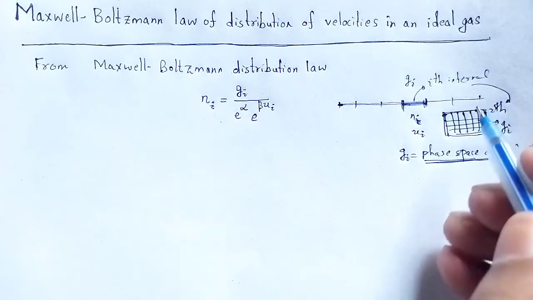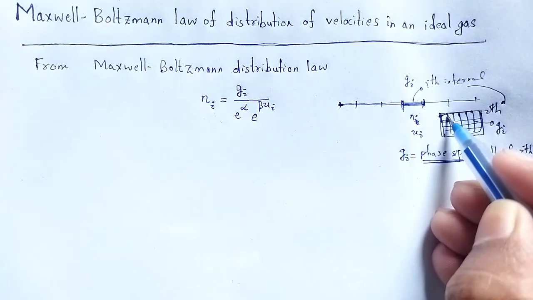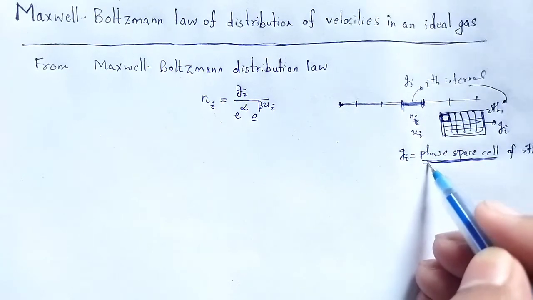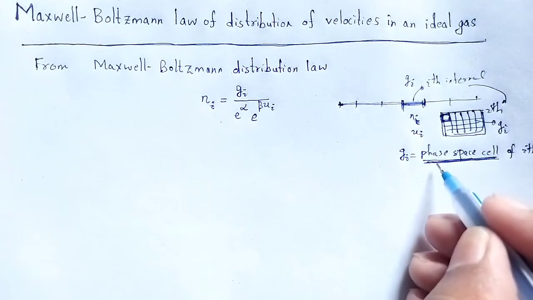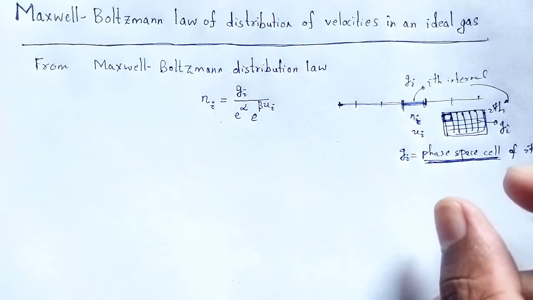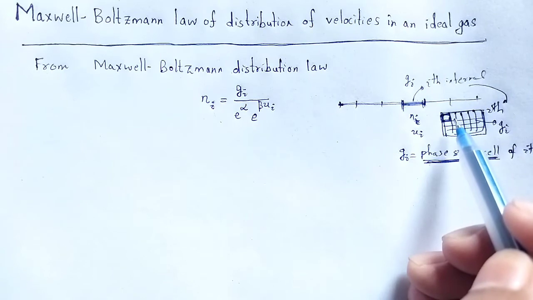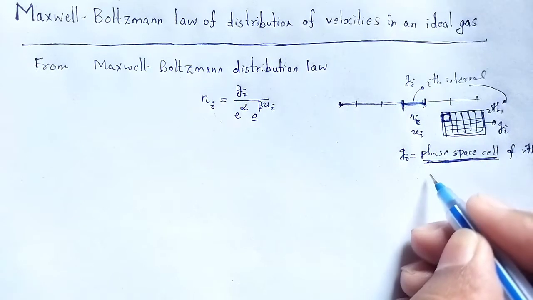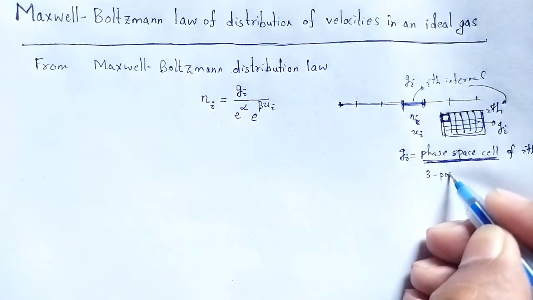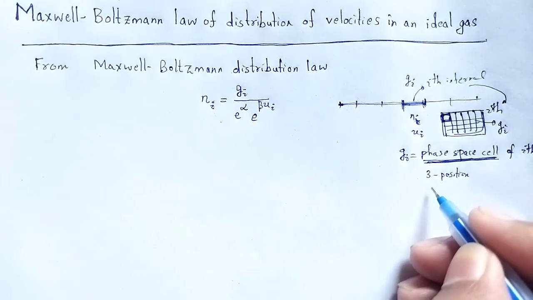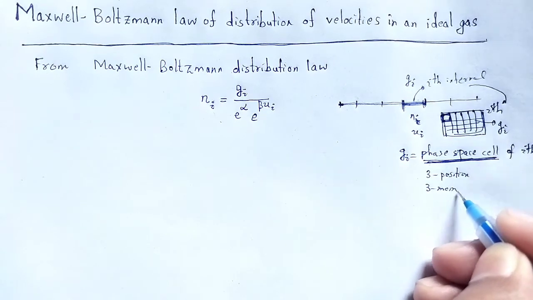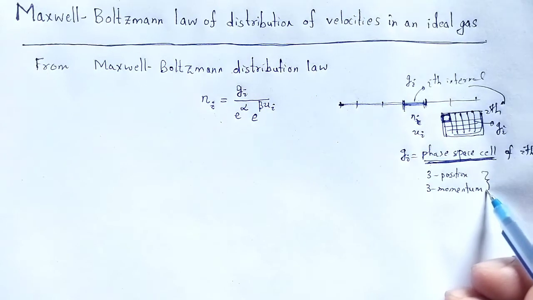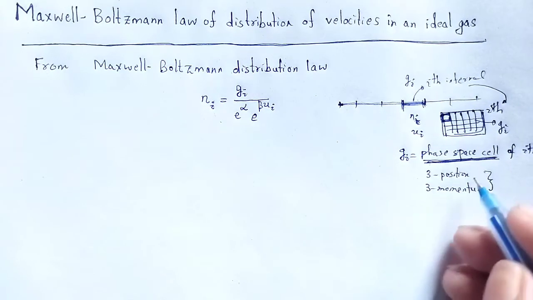We take this unit cell, the phase space cell, to determine the position and momentum of a particle inside it. We take three position coordinates and three momentum coordinates to describe its position and momentum.